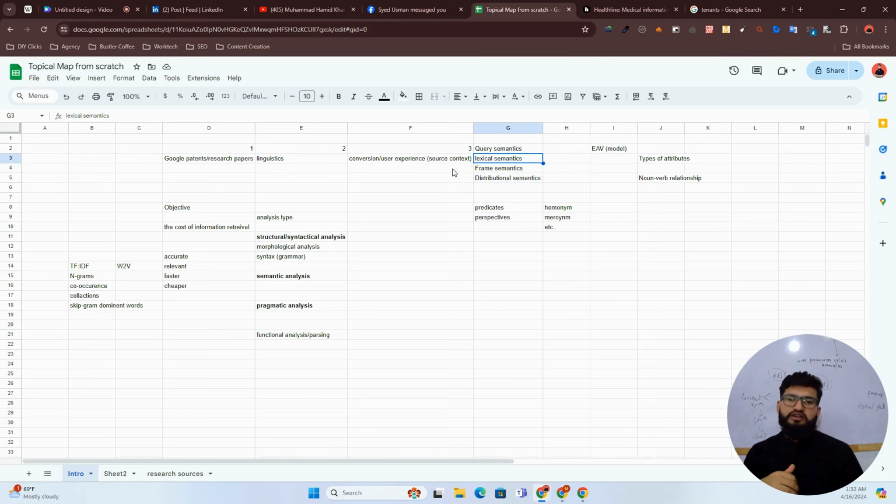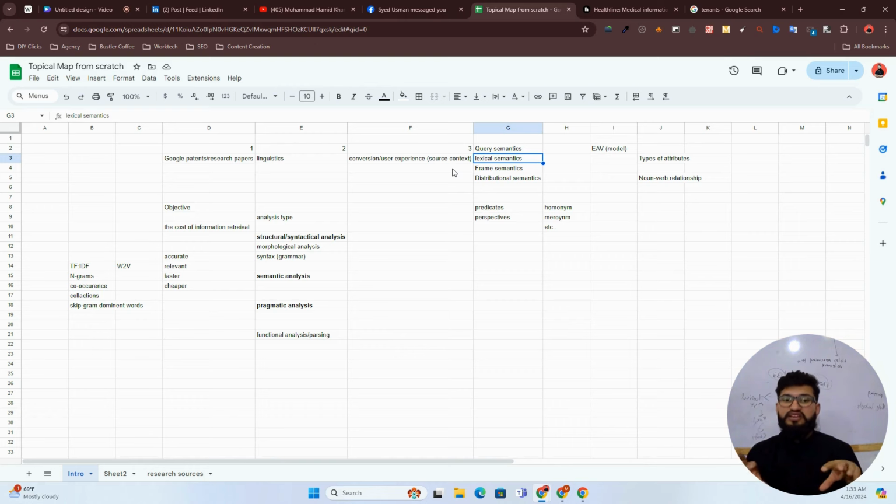And then lexical semantics, I mean, about the dictionaries, the semantic similarities, or you can say the semantic closeness, how two concepts or entities are close to each other. It's not necessary that if two things are close in terms of semantic similarity, they are also relevant. Semantic relevance is something else, and that probably comes from users' behavior, like in query semantics.